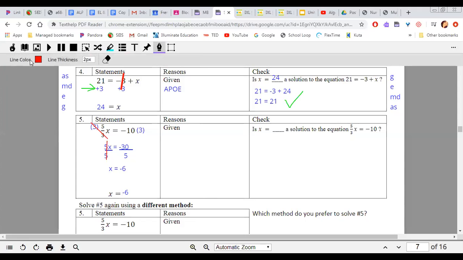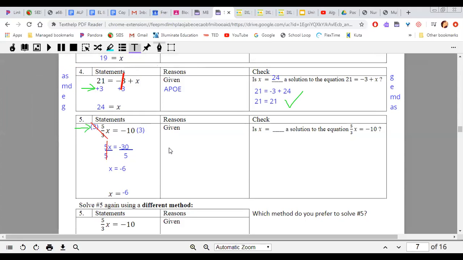And we did 2 steps. So we need to write both steps we did. So see up here in that blue writing, what did we do first? Multiply. Yeah, so what are we writing for our reasons? Given.